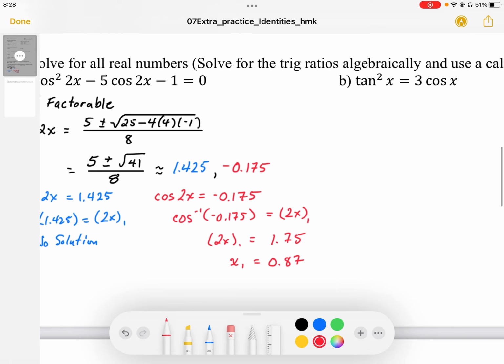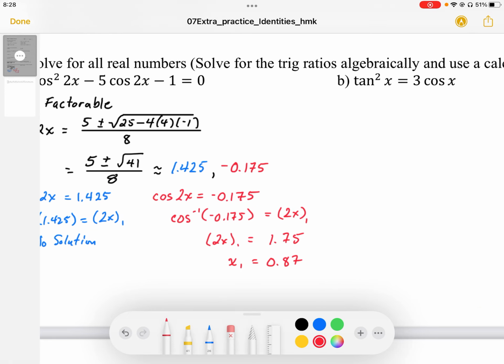Okay, I also have a theta 2 that I have to solve for. So theta 2, for cos, is going to be 2 pi minus theta 1. Okay, so I get 2 pi minus theta 1.